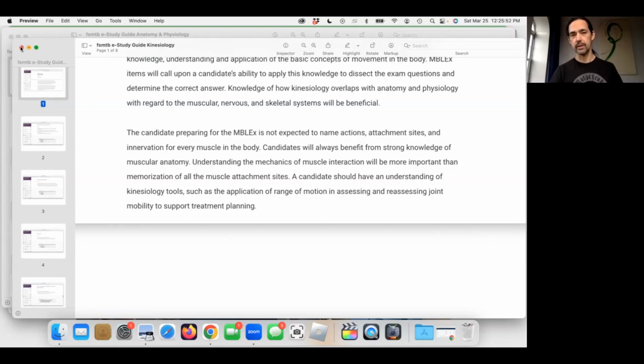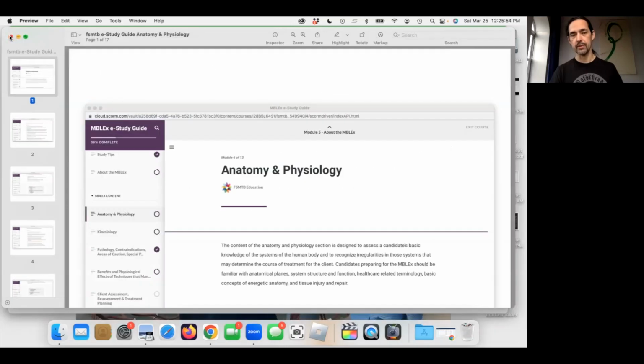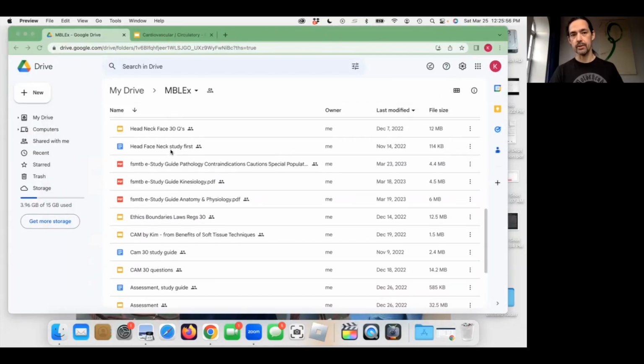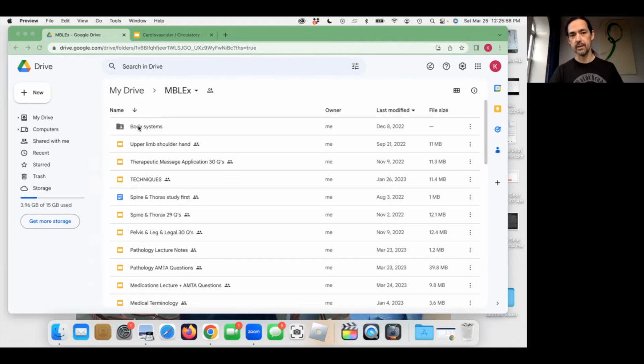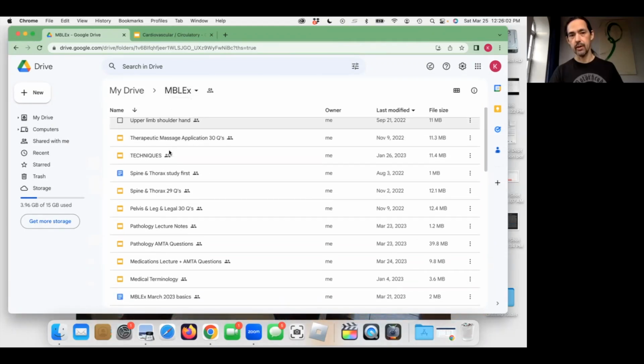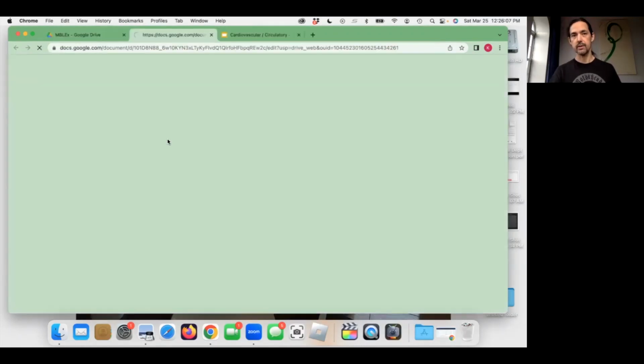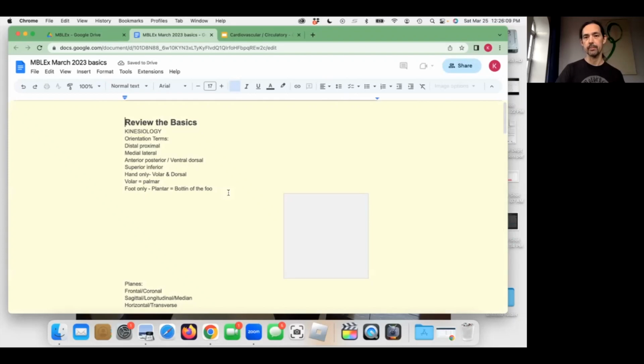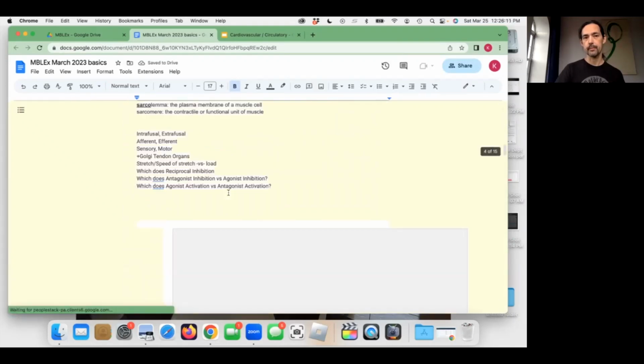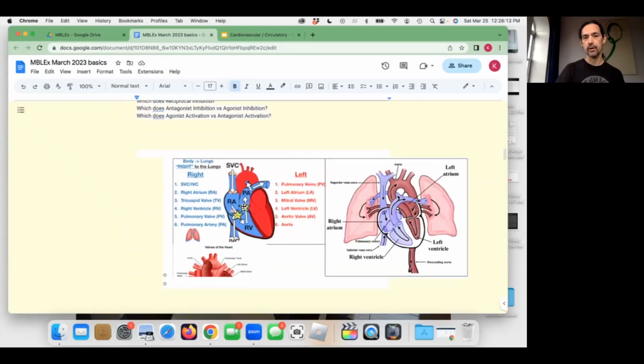But okay, so let's look at a few aspects of muscles. If you go into your MBLEx folder and you go down to MBLEx March 2023 basics and you open that file, down at the bottom, here's the review of the information that we had.